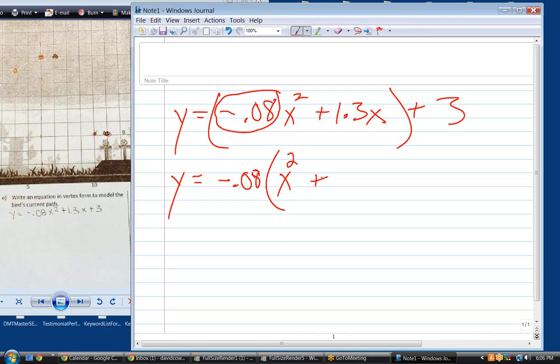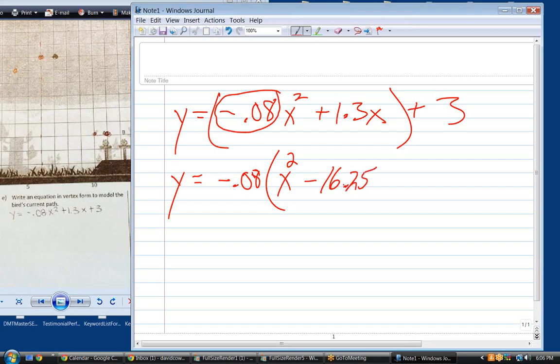What is the next term? Plus 0.08? Do you have a calculator? Yeah. We have to divide 1.3 by negative 0.08. That would be negative 16.25.